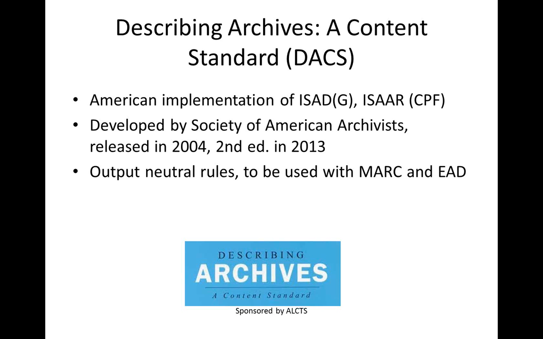DACS was first released by the Society of American Archivists in 2004, with a second edition released last year. It is meant to be an output-neutral standard, allowing it to be used with MARC as well as encoded archival description and other archival encoding standards, and has been widely adopted within the American archival community.